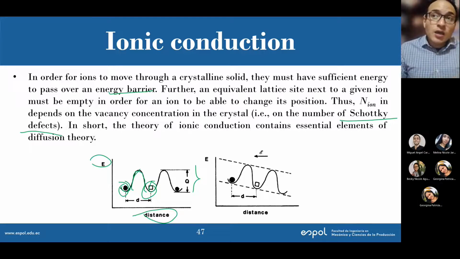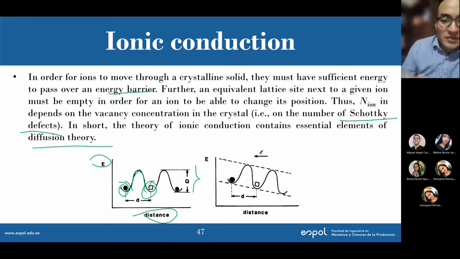So now, if we're saying that ions are moving from one site to another in my lattice, moving from one place to a vacant site, that's diffusion, isn't it? Just diffusion of ions, right?